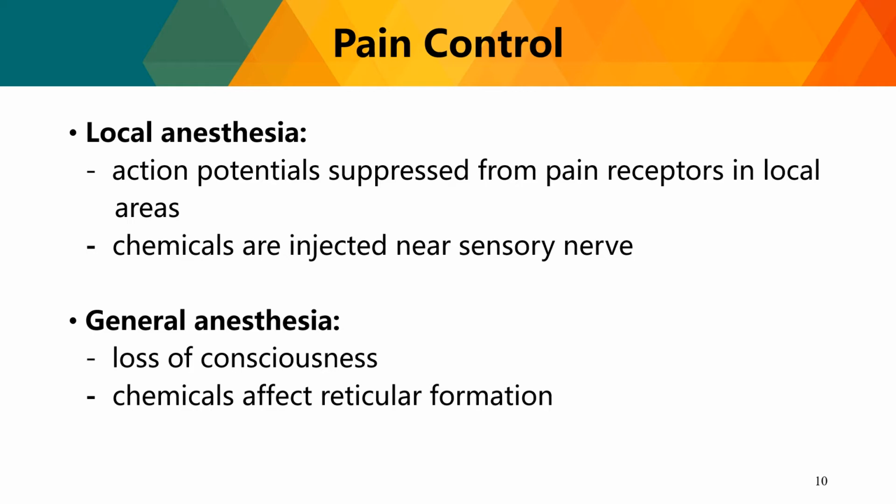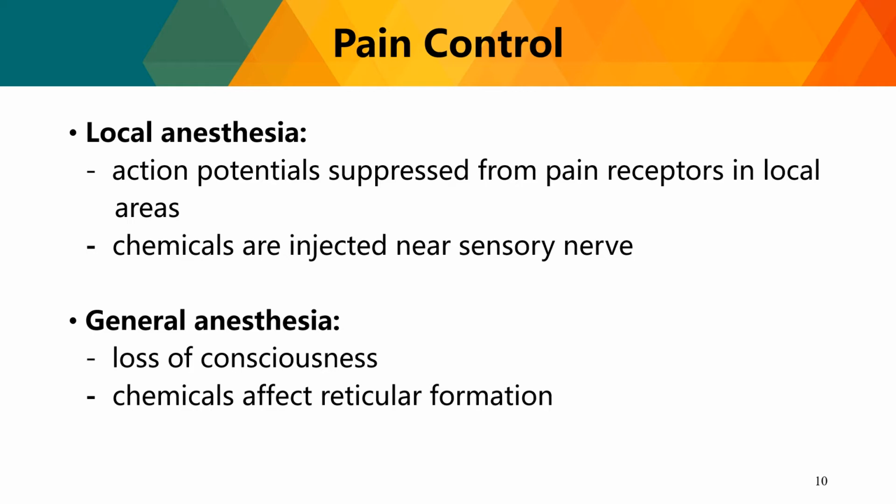Usually these local anesthetics are applied when you visit the dentist and you need to uproot a tooth, okay? So with local anesthesia, it is only placed in the part that needs to be numbed or paralyzed. But when you say general anesthesia, it would actually cause you loss of consciousness, and the chemicals affect your reticular formation.